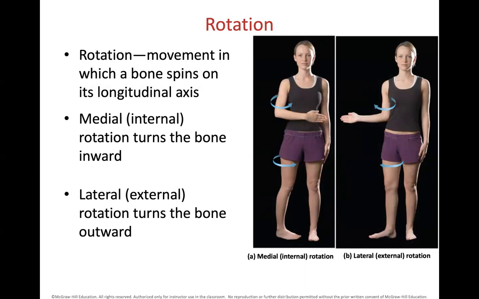So your humerus is rotating either medially, internally, towards the midline of the body, or laterally, towards the outside of the body. So the bone here, the humerus, is spinning longitudinally, and her leg too. So the femur can do it as well. So you have to think in this case about what bone is actually rotating. So you have medial and lateral rotation.